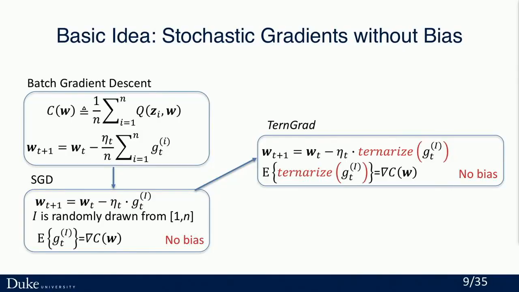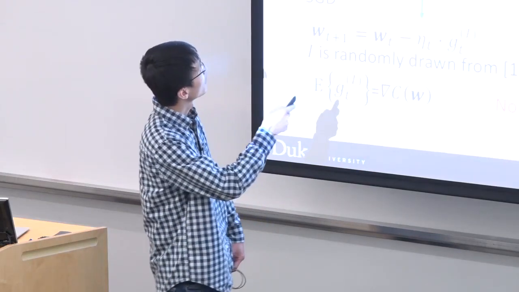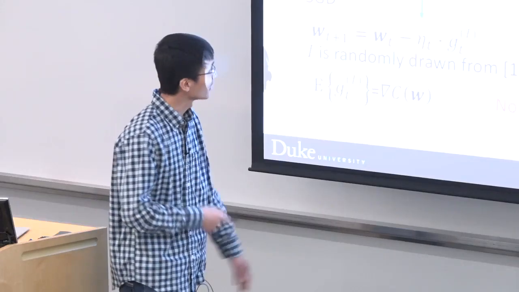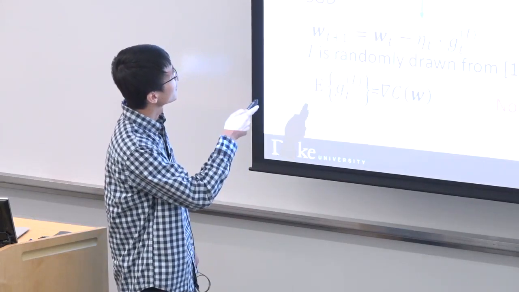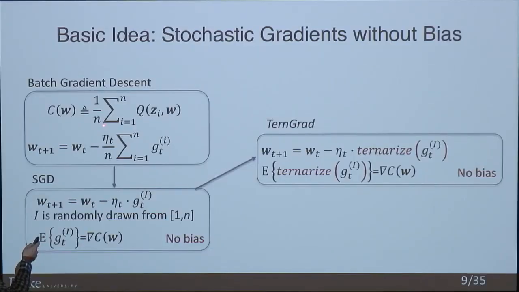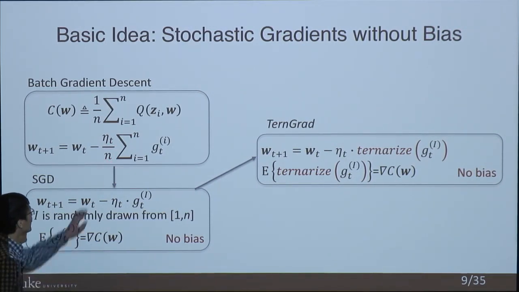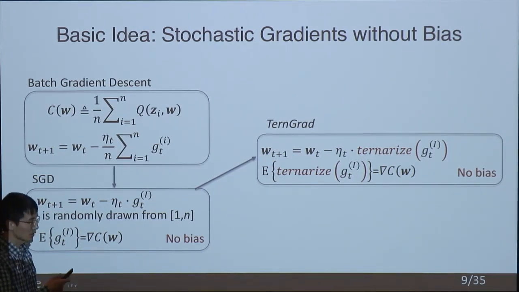So the basic idea is simple. Before I go to the details, let's go one step back. When we do distributed training, or supervised learning in general, we want to minimize the averaged loss over all the training samples, and the gradients can be computed from the whole data set. N is usually very large, so the computation is very costly.